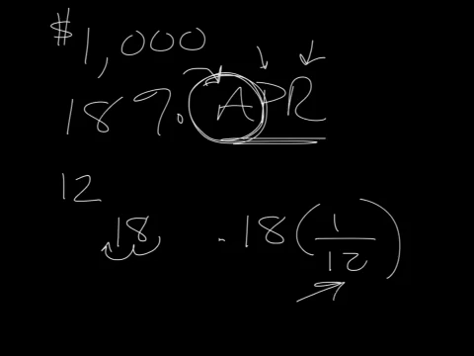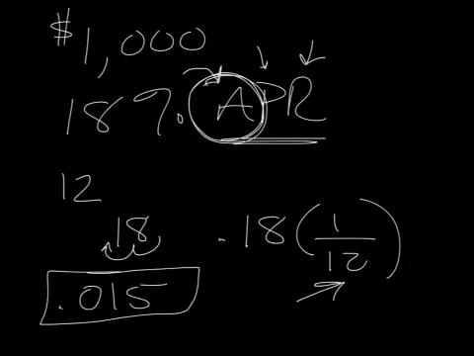That's the same thing as dividing it by 12. So we take our 0.18 and we divide it by 12 and we get 0.015. So that means that our interest rate is 1.5%, and it's already changed to a decimal for us.